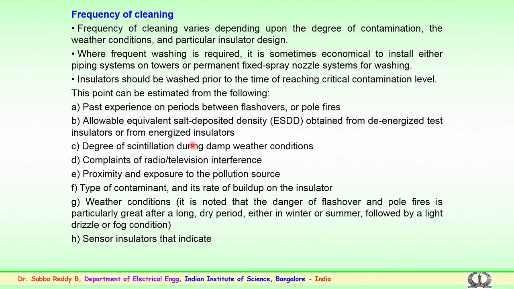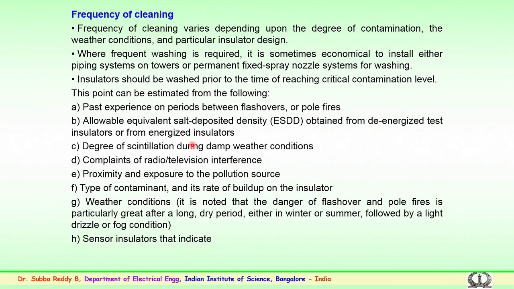By taking the past experience on periods between flashovers during a particular season or particular conditions, or pole fires. Allowable equivalent salt deposit density has to be obtained from the de-energized testing of insulators or from the energized insulators. This gives the accumulation level, that is the equivalent salt deposit density.